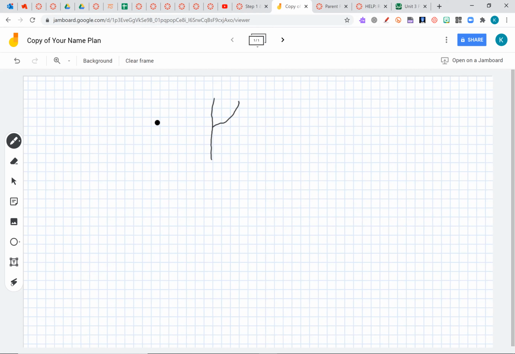I said I might want to use a parabola for that, and a parabola for that, and I'm going to use a vertical line for that. And I'm going to go back through and change the colors. I said that I would probably use a radical for the E, right?